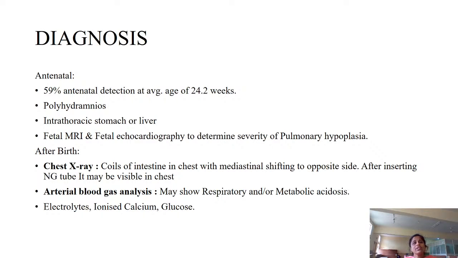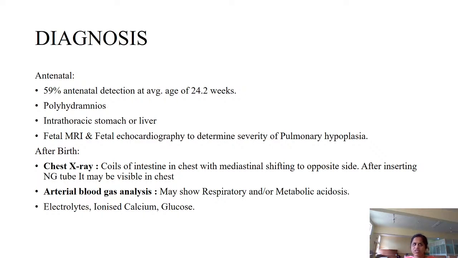The point is, when you are suspecting congenital diaphragmatic hernia, or you have already diagnosed CDH antenatally or at birth, never ever do a bag and mask ventilation, because bag and mask ventilation will result in distension of the stomach too, and the distension of the stomach is going to be counterproductive here, because it is going to distend inside the thorax and further augment the problems in an already hypoplastic lung. So it is going to worsen the respiratory distress. So never ever bag and mask a neonate, especially with a CDH.